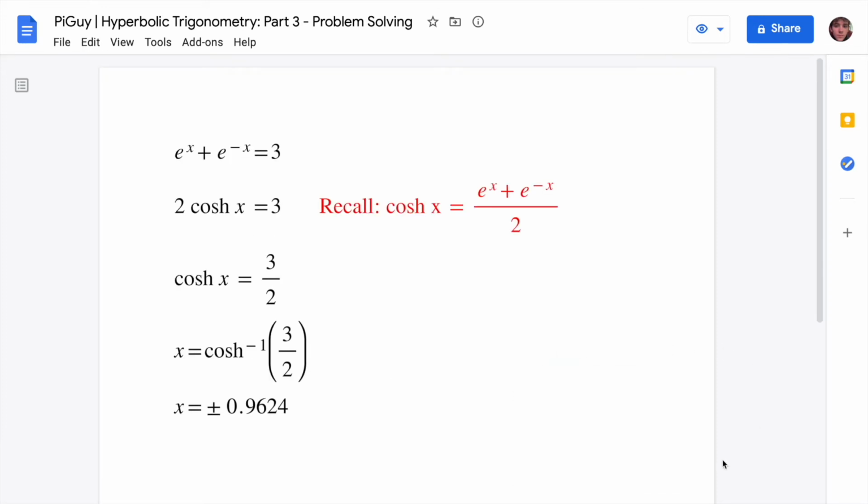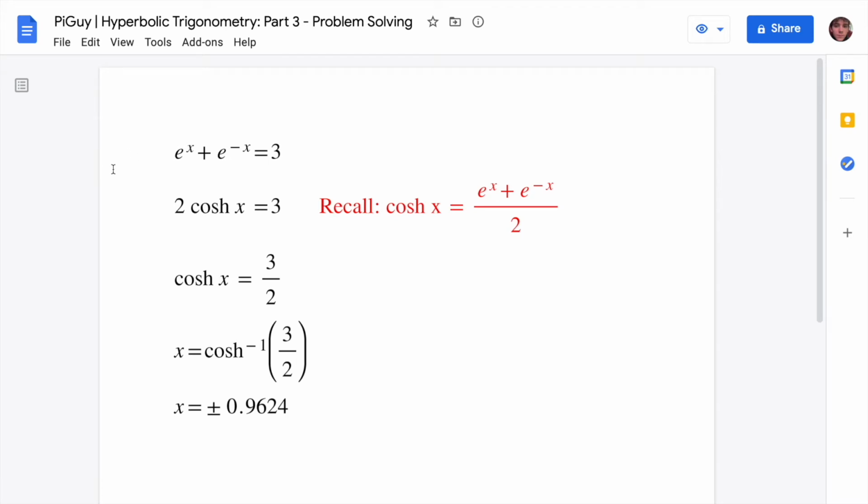So while that's not a particularly difficult equation to solve, it definitely did have quite a few steps, and especially if you're writing out all your steps for the quadratic formula, it can get a bit lengthy. But luckily, as you can see here, we can shorten it to just a few steps using hyperbolic trigonometry. So we start again with the same equation, e to the x plus e to the negative x equals 3.